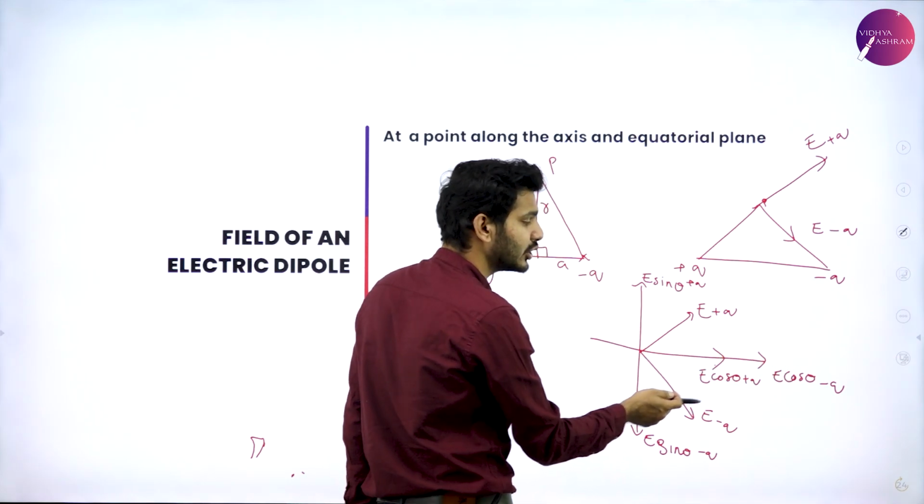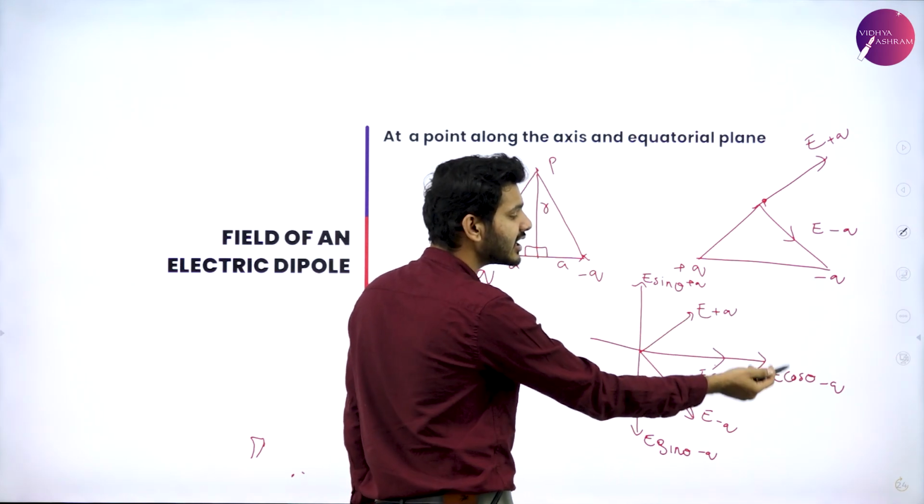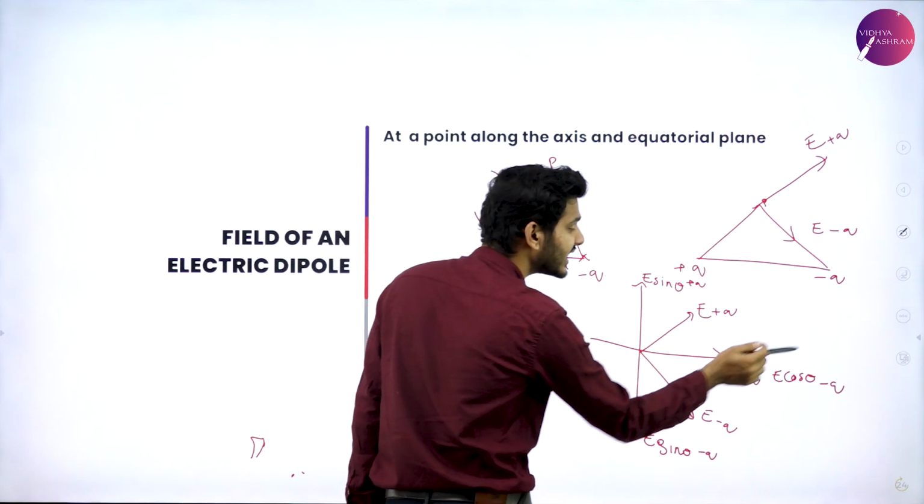If E cos theta due to plus Q is in this direction, E cos theta due to minus Q is also in this direction.